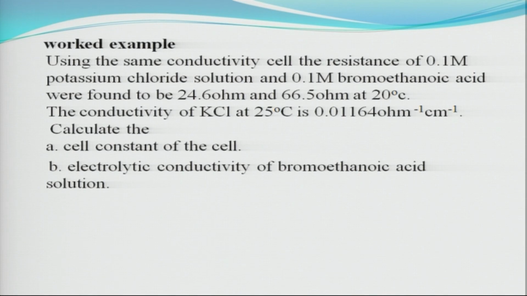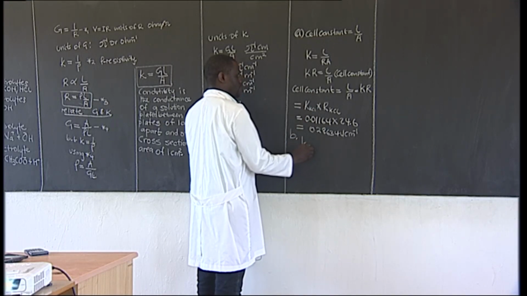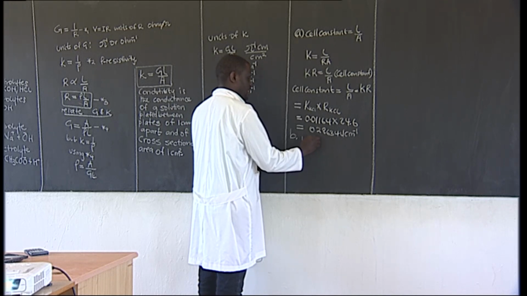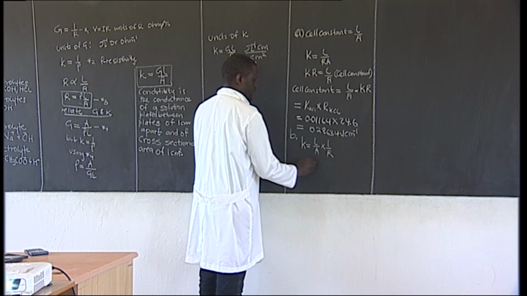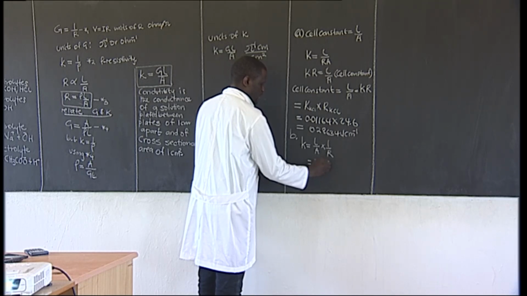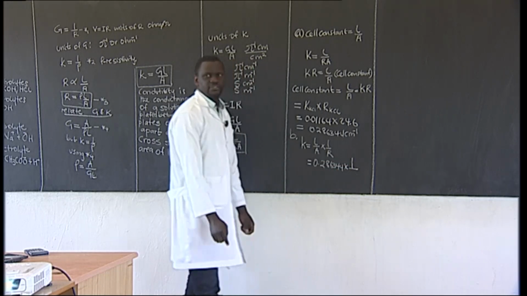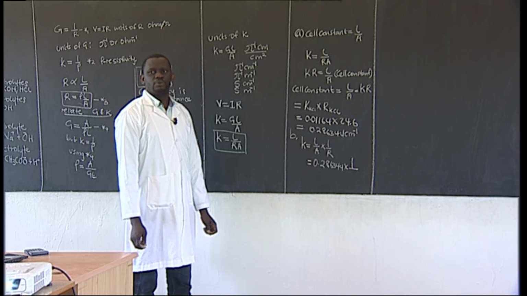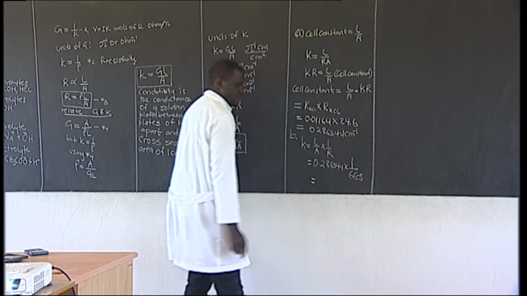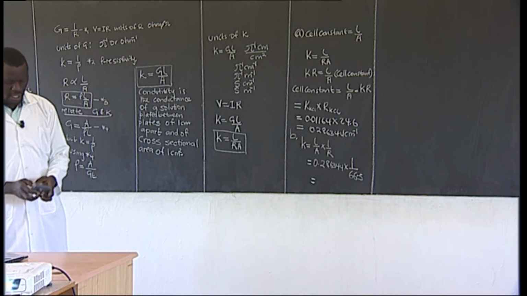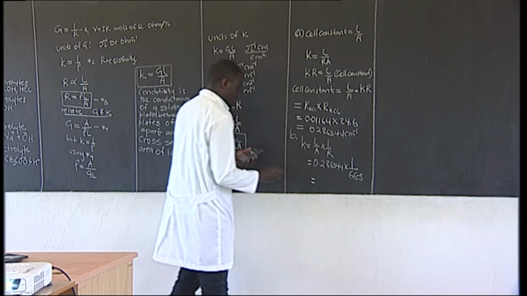So this time they want us to get K, which is our electrolytic conductivity. It will equal our cell constant times 1 over R. So our cell constant is 0.286344 times 1 over the resistance caused by bromoethanoic acid, which is 66.5. So you can divide your answer by 66.5.